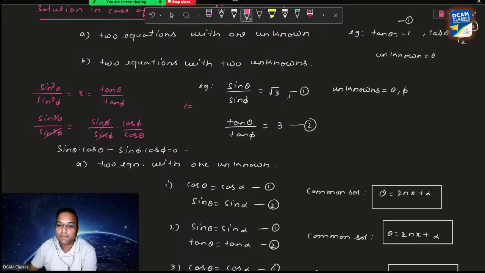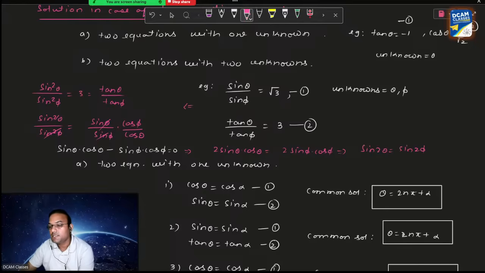Further simplifying, 2 sine theta cos theta is equal to 2 sine phi cos phi. So now this has become sine 2 theta is equal to sine 2 phi.